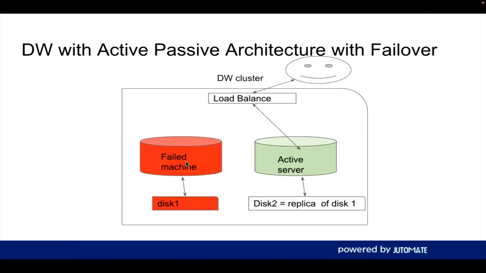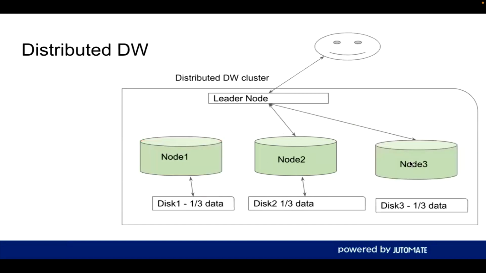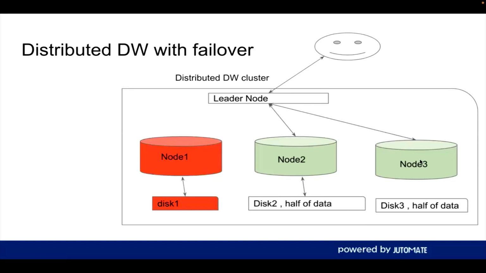Essentially, if you run into a failed machine scenario, you have a failover and everything is fine. The more nodes you have, the more distributed your data is. Essentially, 3 machines, 30% of the data on each machine, everything is backed up. So if one fails, all the data is rebalanced.